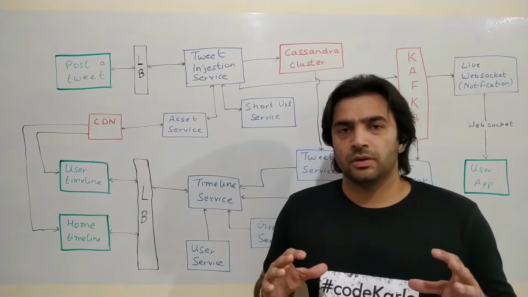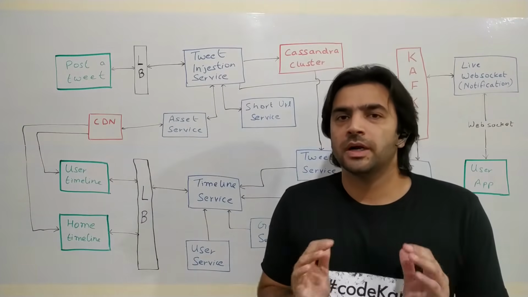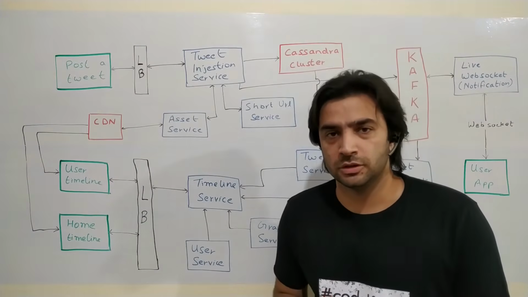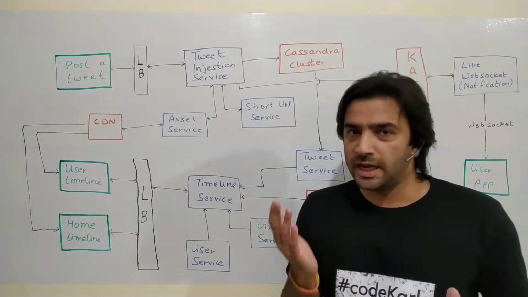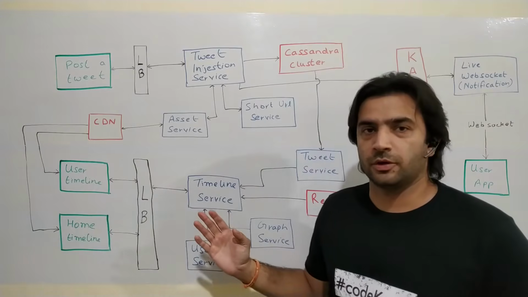Now, once active and passive users are handled, we could do some kind of optimization for the live users. Remember, live users are the users who are online right now. Those users are anyway sitting on the Twitter app. They don't need to really follow all of this process.